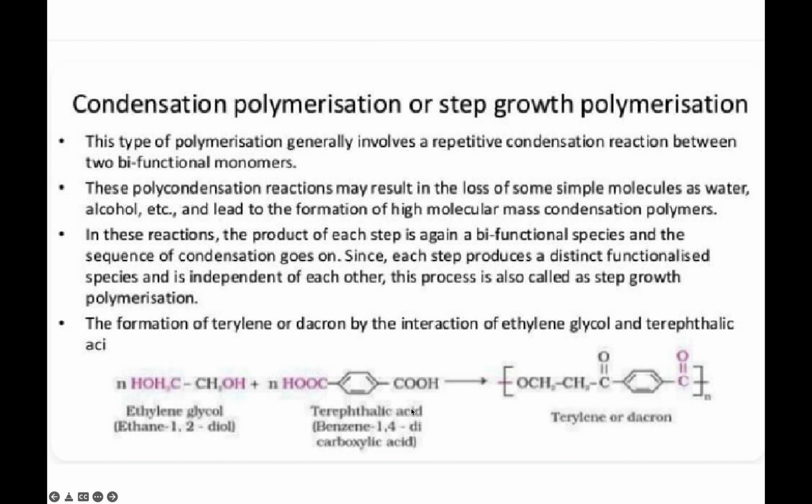Then in the product terylene, the benzene group is written with CO on both sides, with n times, and the CH2O on the left-hand side. This is an important equation which you have to remember.